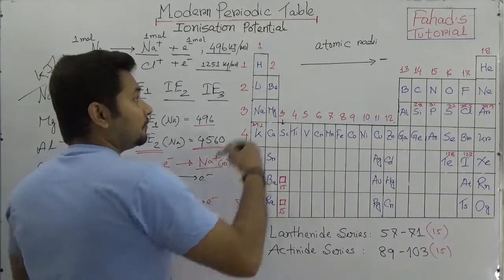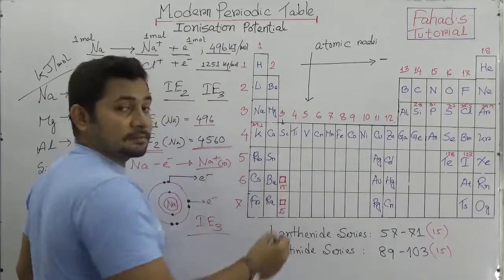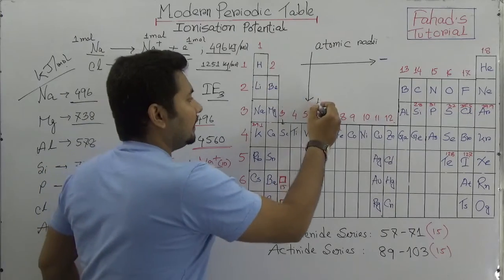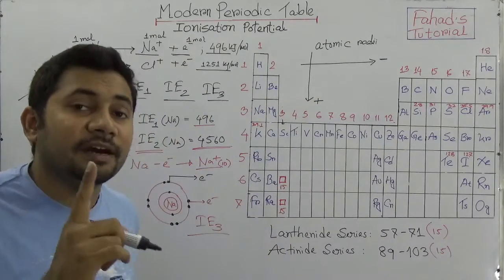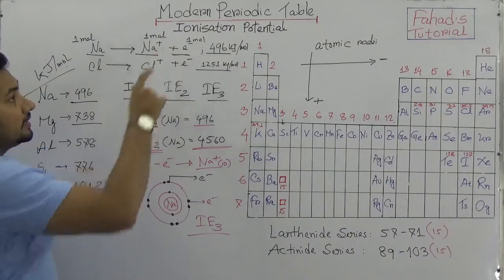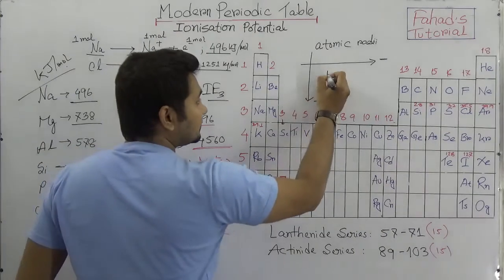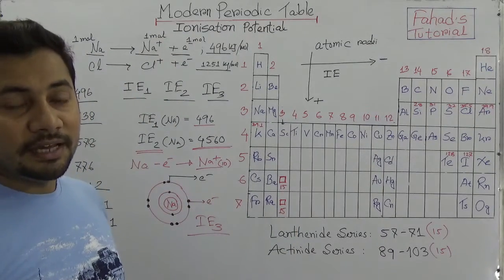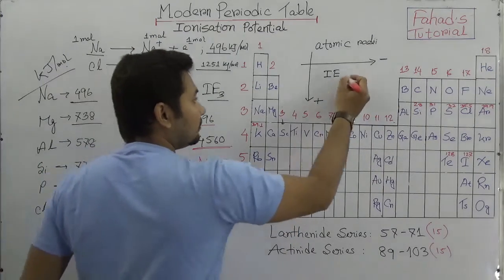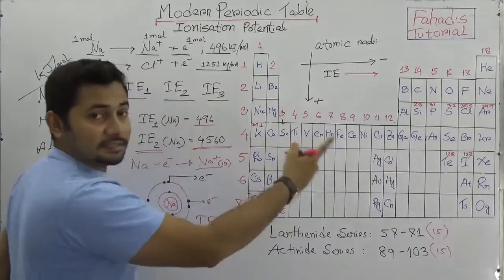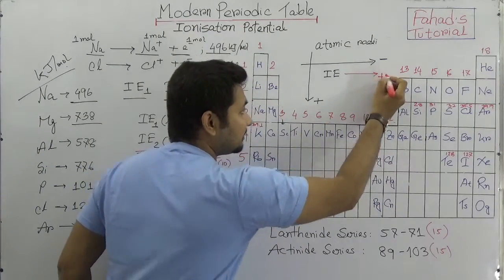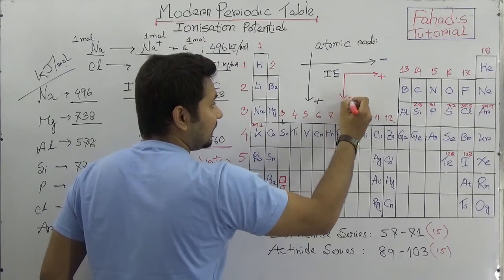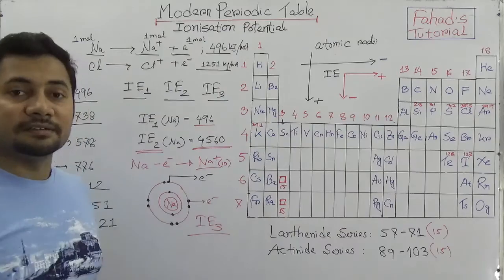If I go from upwards to downwards, the atomic radius will increase. And this is completely vice versa with the ionization energy. If you go from left to right, ionization energy will increase, and from upwards to downwards, ionization energy will decrease.